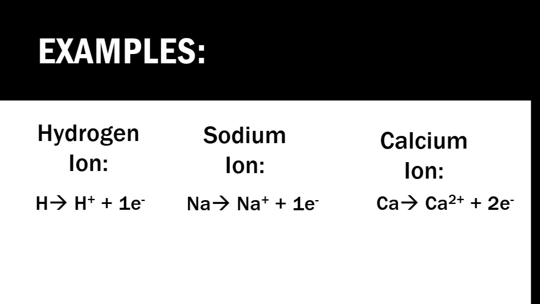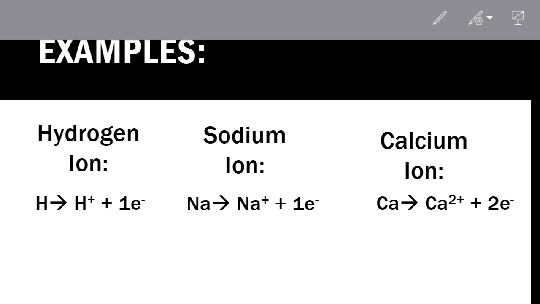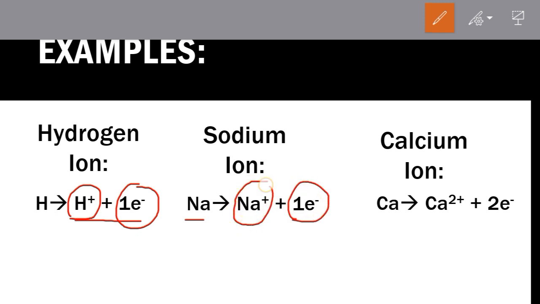Here are some examples: hydrogen ion, sodium ion, and the calcium ion. This hydrogen atom is losing 1 electron and it is becoming positively charged. This sodium atom is losing 1 electron again and it is ending up with an ion, which is a sodium ion.